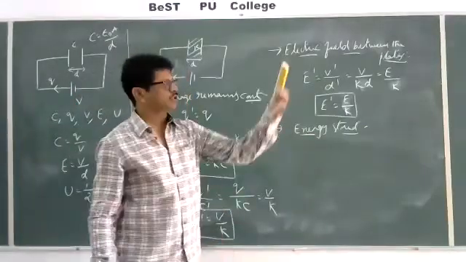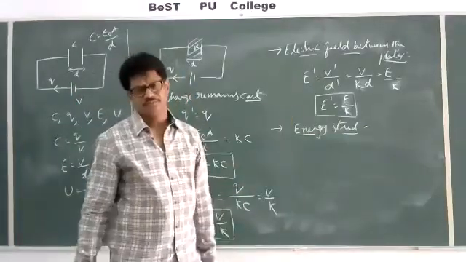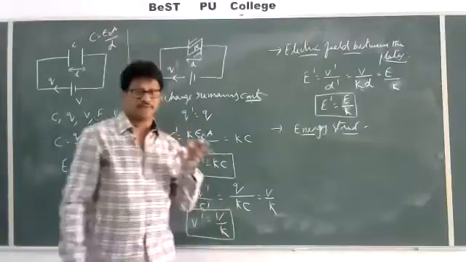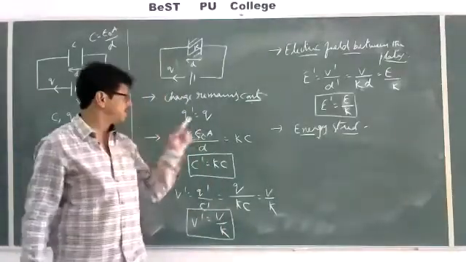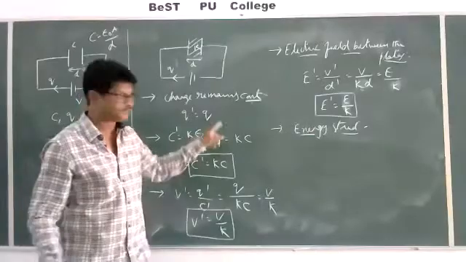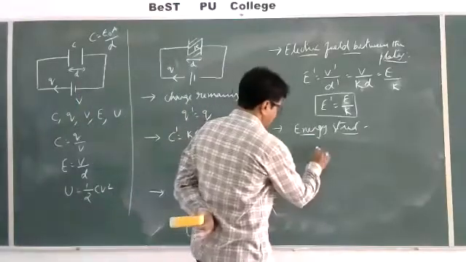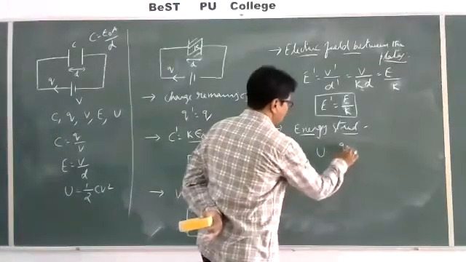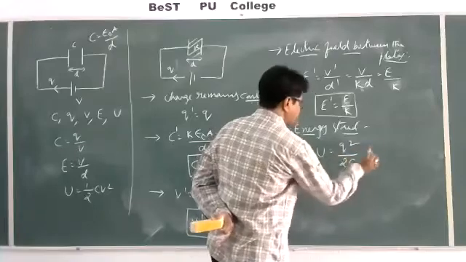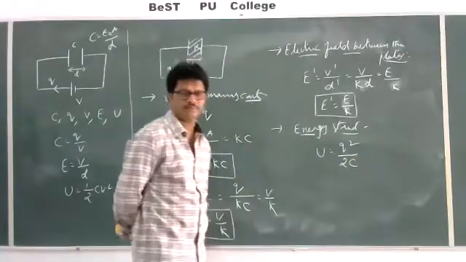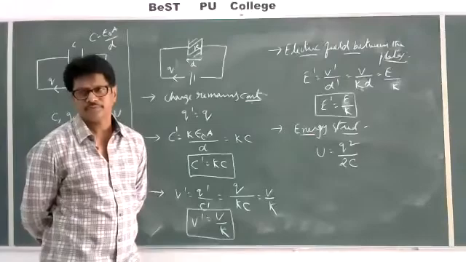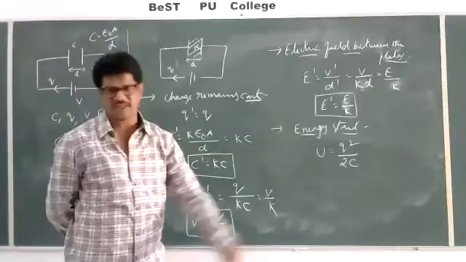Next, energy stored. Since the charge remains constant, I will go with the energy stored formula Q square by 2C. Any formula you can take, but if you take this, it will be easy.